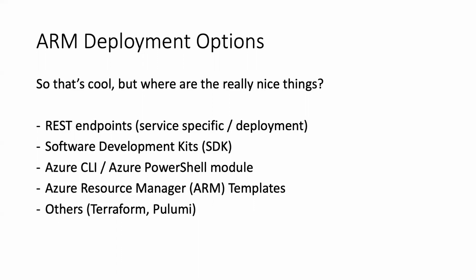Whereas if I was to try to use the command line interface or the PowerShell modules to bring me the same idempotent characteristics, a lot of the heavy lifting would be up to me as the automation author. If I'm using PowerShell, I would have to do things that are just good practices, but it is a lot of extra work. It's not as simple as I want to deploy this virtual machine.